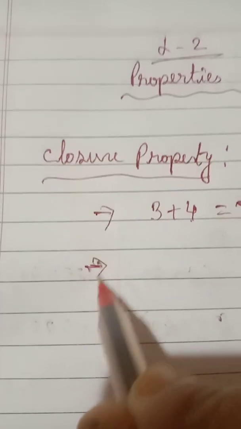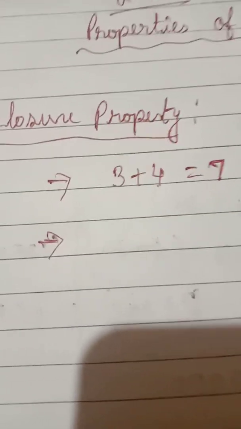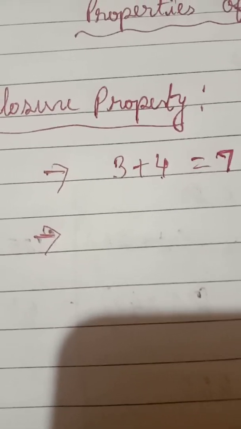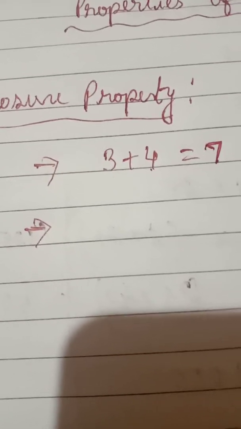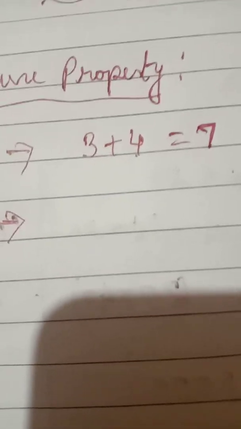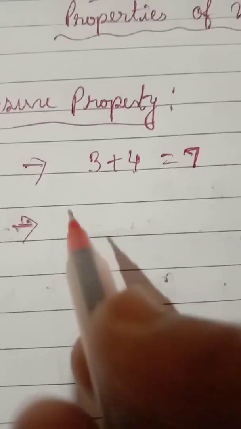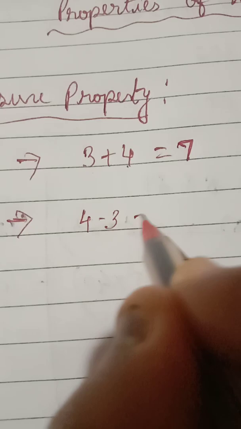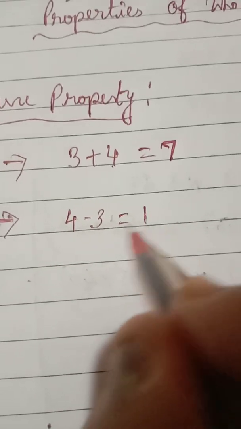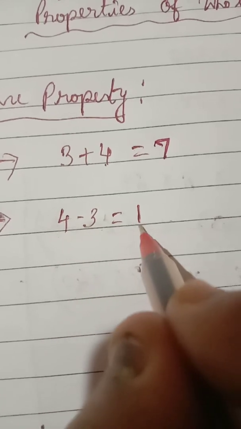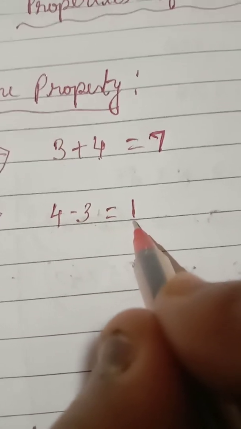But in case of subtraction, if we find the difference of any two whole numbers, the result is not always a whole number. Suppose I subtract 4 minus 3, I get the answer 1. 4 and 3 are whole numbers and the answer 1 is also a whole number.